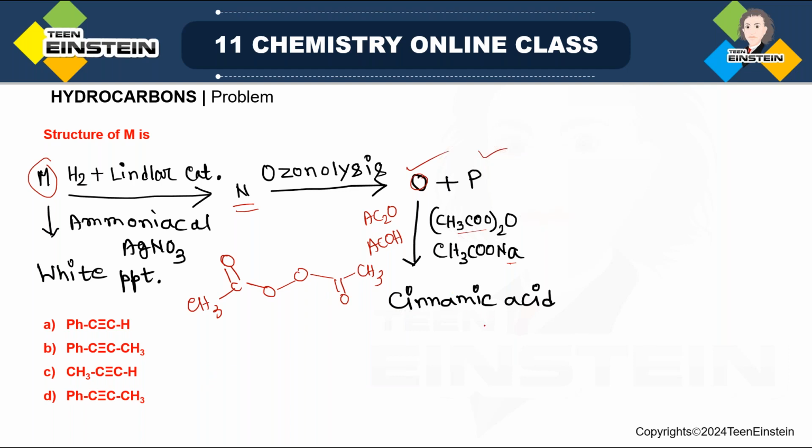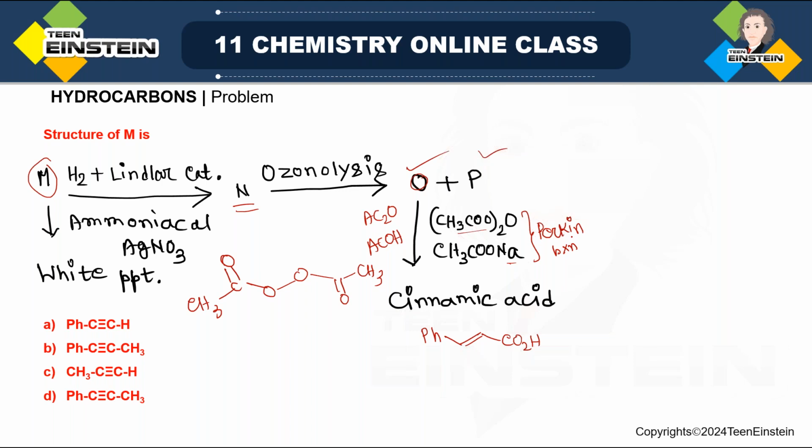Now of O and P, only O is undergoing this reaction, and it is mentioned here as cinnamic acid. Now what is cinnamic acid? Cinnamic acid is this structure. Actually, to solve this question, you should have some prior knowledge, and this reaction is known as the Perkin reaction. This is a name reaction, though it is not related to this chapter.